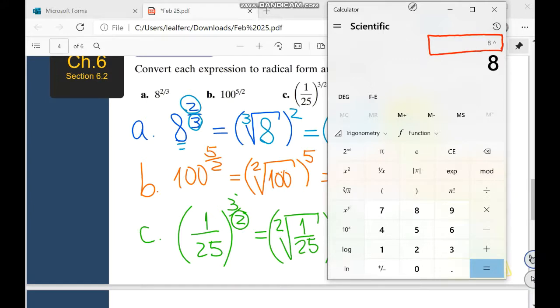See, 8 exponent parentheses 2/3, and press the equal sign, and you're going to find the answer. Yes, just by using the calculator. Let's try the next example, letter B. Type 100, exponent, parentheses, 5 divided by 2. Close the parentheses and press equal. 100,000, that's the answer.